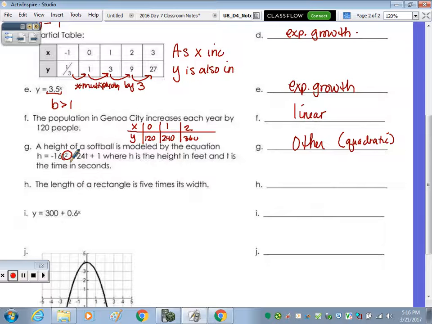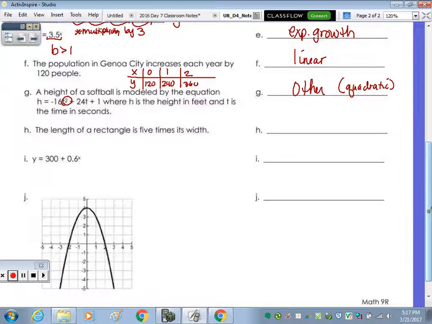H. The length of a rectangle is 5 times its width. Okay, so we have a rectangle, the width is x, the length is 5 times x. So if we look at this in terms of a table, okay, so x and y, if we say x is the width, right?